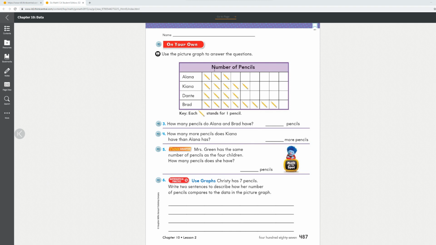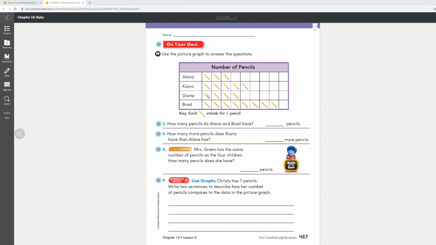So the survey is about number of pencils, right? So it looks like these students, we have the categories on the left here, Elena, Kiana, Dante, and Brad. So 4 students, and we surveyed them for the number of pencils.